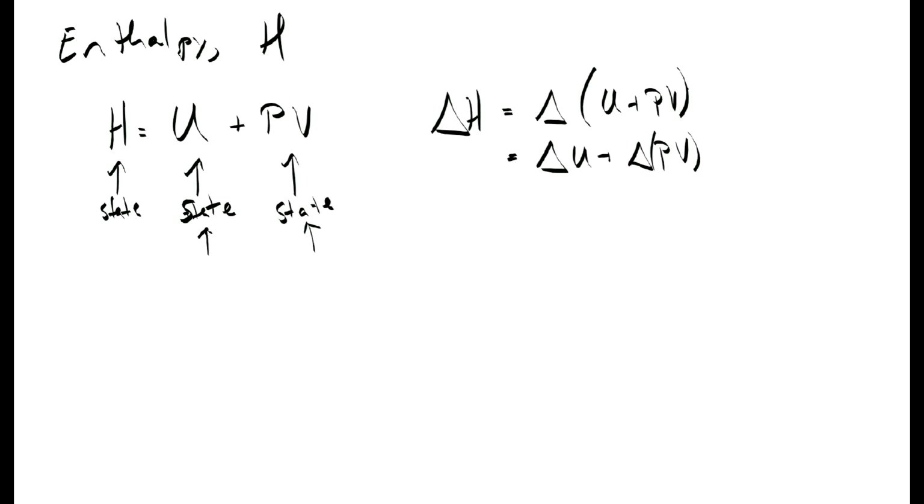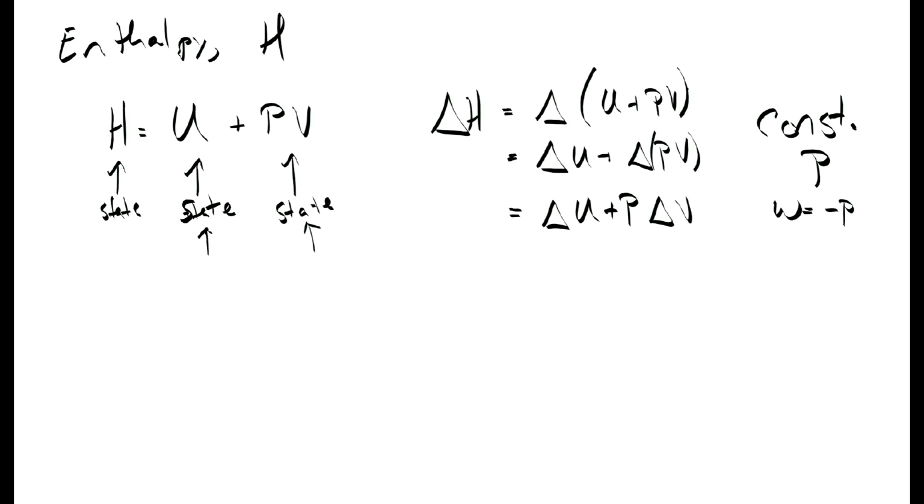Let's say this system is at constant pressure. That means that delta H is equal to delta U plus P delta V. Oops, forgot the plus sign. So that should look kind of familiar to you. Work is equal to negative P delta V.